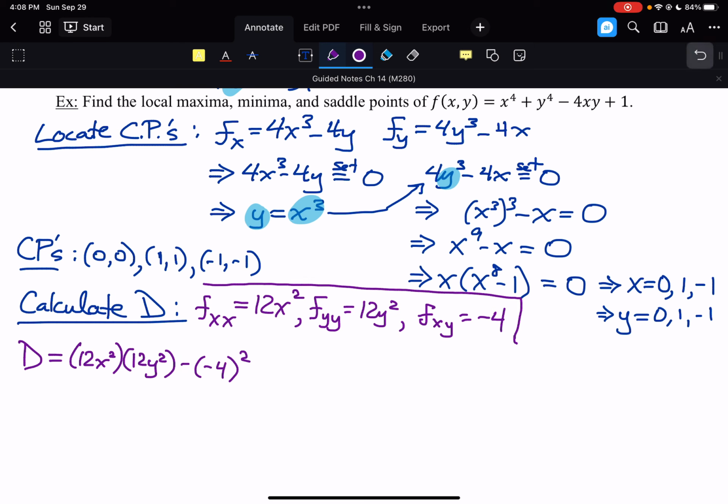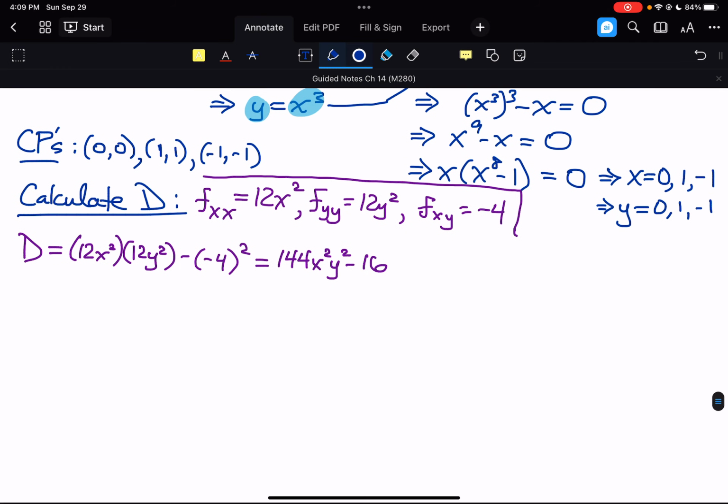It's supposed to be minus whatever this was. So if we go ahead and simplify this a little bit, that's 144 x squared y squared minus 16. So that is our formula for D.